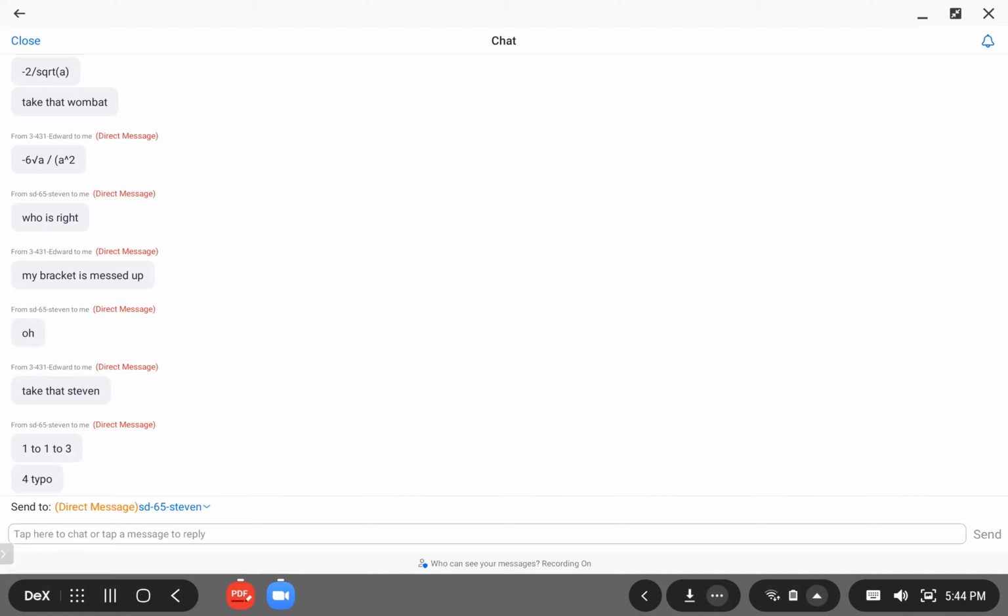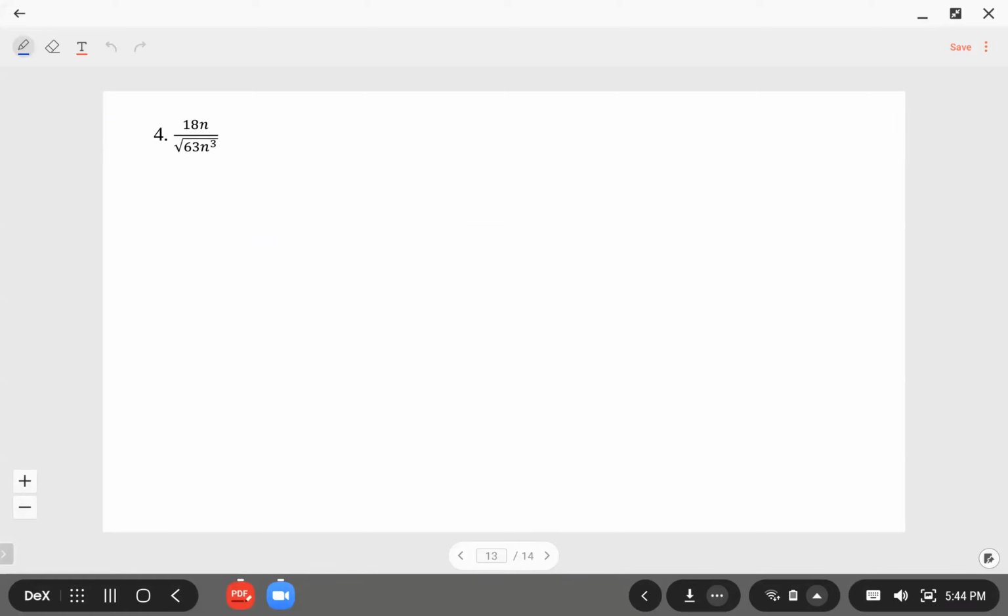Okay, so 18n over 63n cubed. Since this one seems quite hard, how about this one is actually worth 3 points?